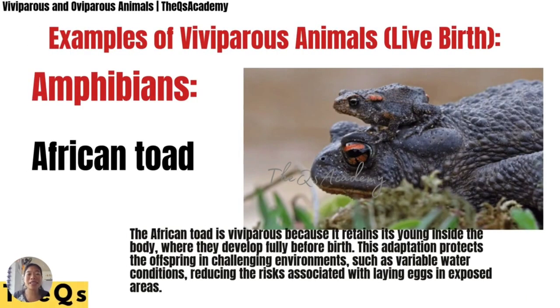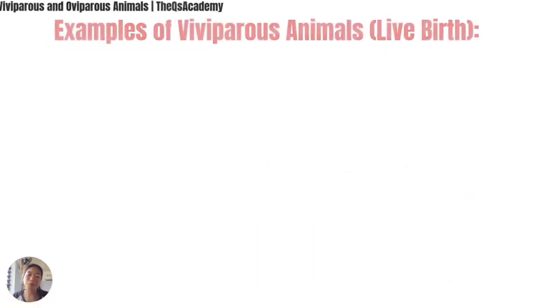So we have another example, the African toad. Frogs lay eggs, but the African toad is viviparous because it retains its young inside the body, where they develop fully before birth. So the African toad is different from other frogs.